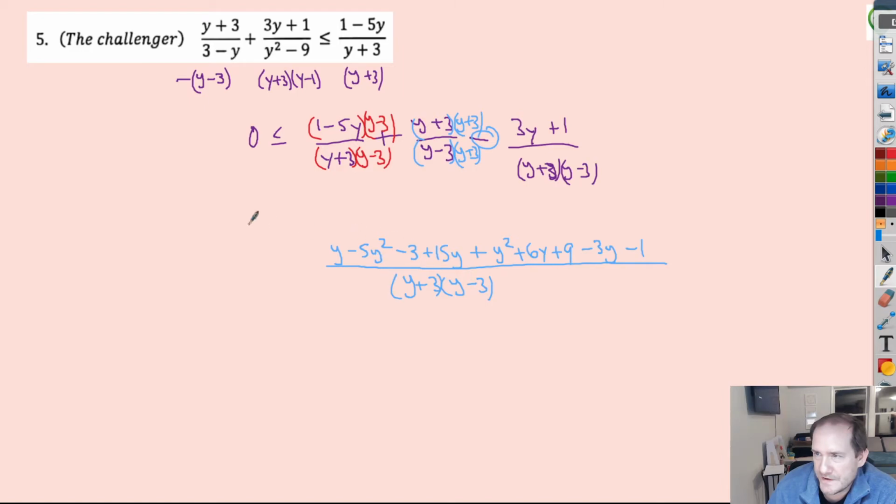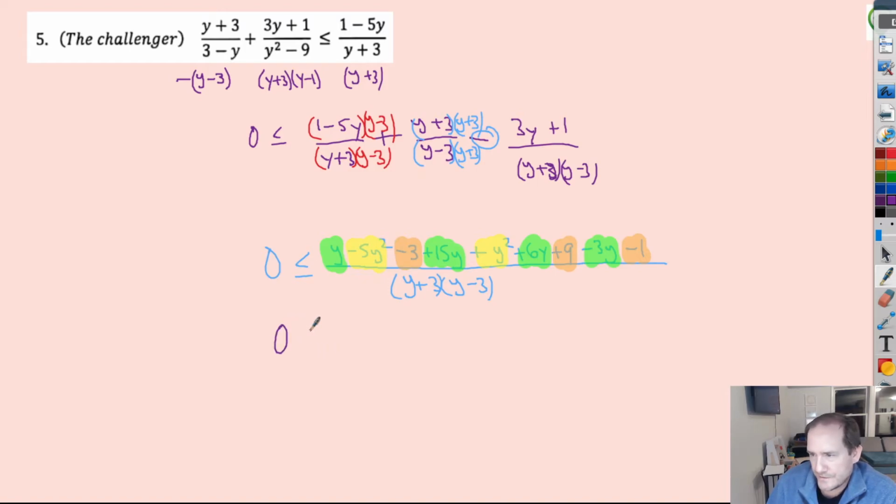But there's our whole thing, and 0 is supposed to be less than or equal to that. So we're checking again for when is all this stuff positive. I will bust out my trusty highlighter because I see a quadratic and a quadratic. And I see a whole mess of linear terms, 15, 6, negative 3, and a whole mess of constants, negative 3, 9, 1. Missed one. There's a y. Yeah, alright.